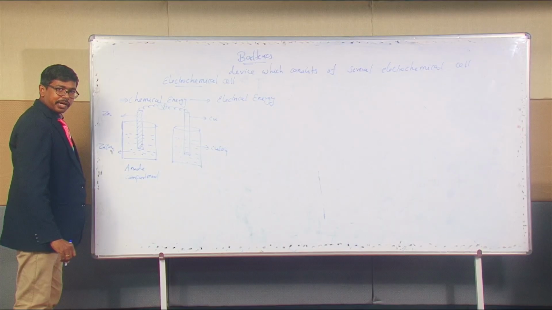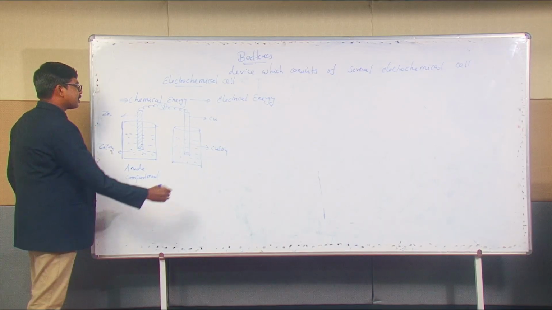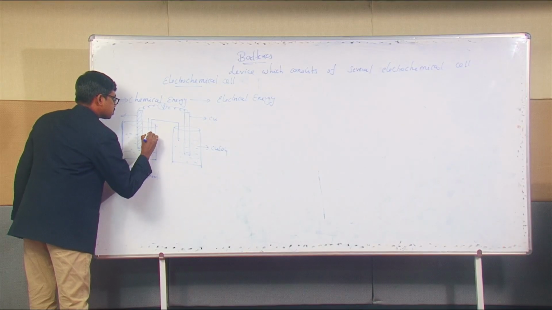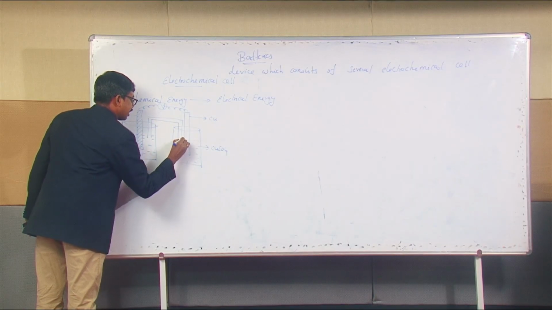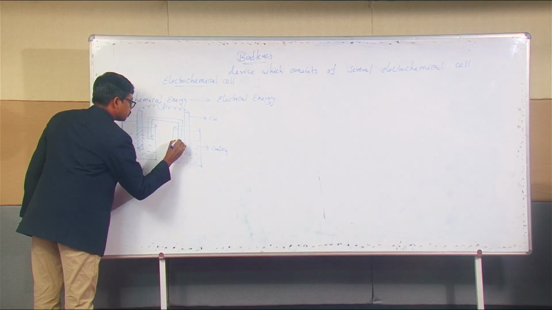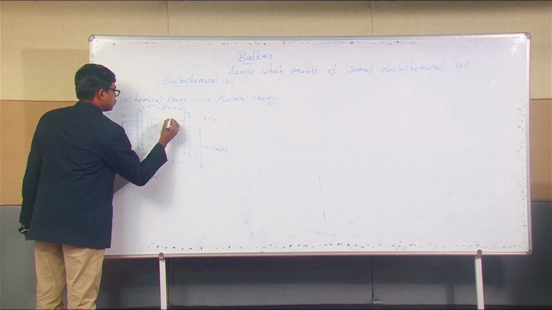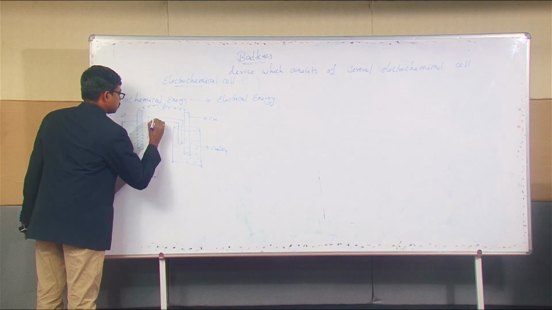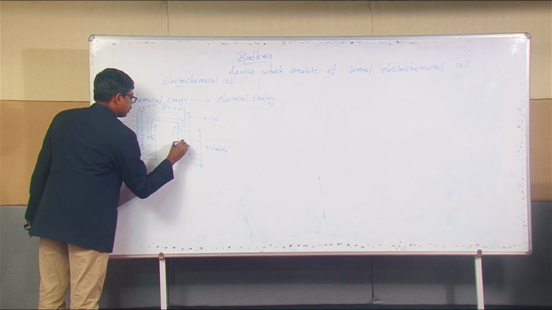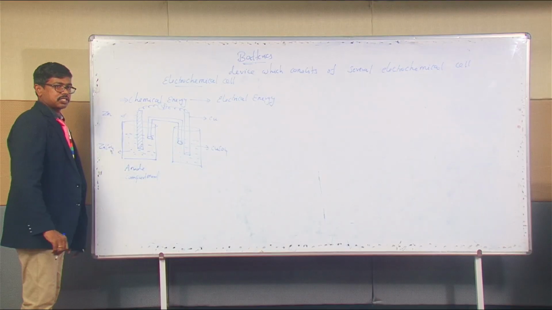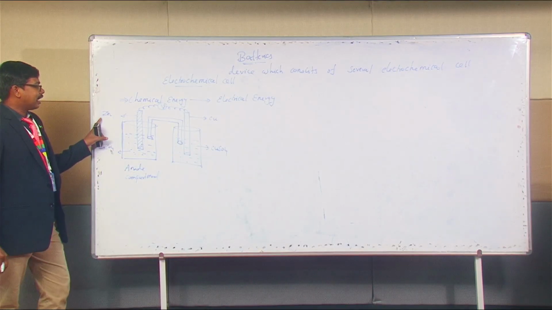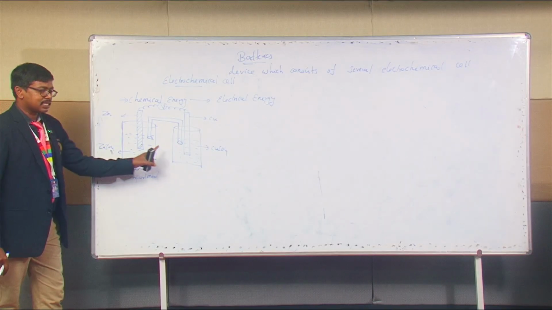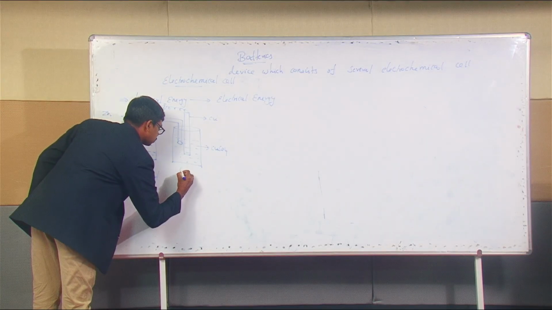The cell is completed by connecting a salt bridge. The purpose of the salt bridge is to maintain electrical neutrality between the two half cells, for example using KCl. In the complete electrochemical cell, this side is called the anode compartment and the second half is the cathode compartment.